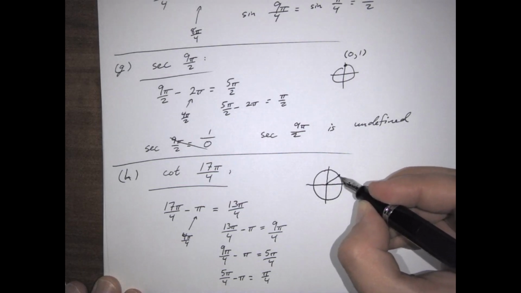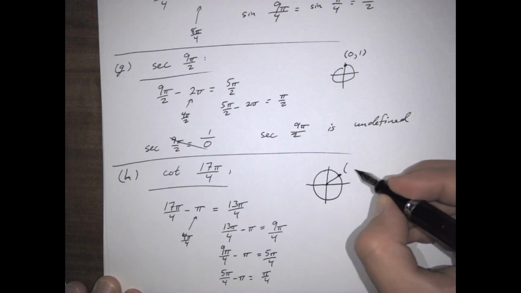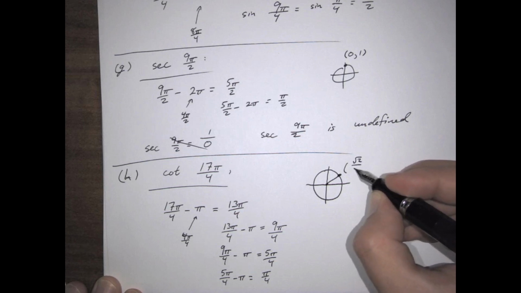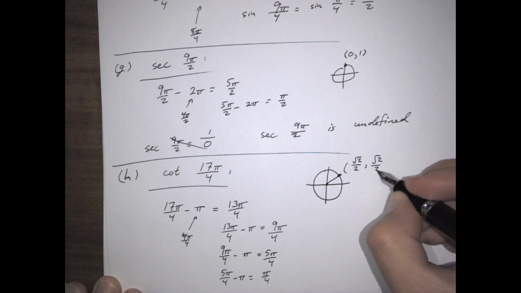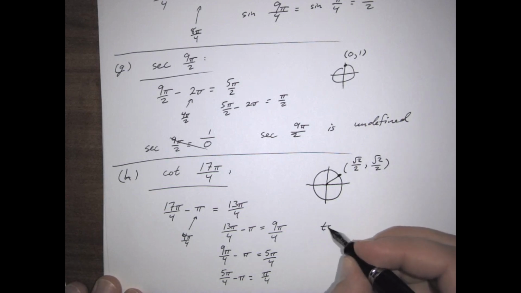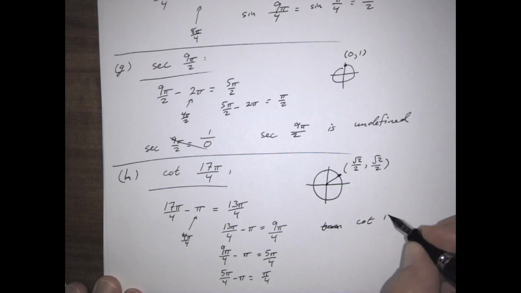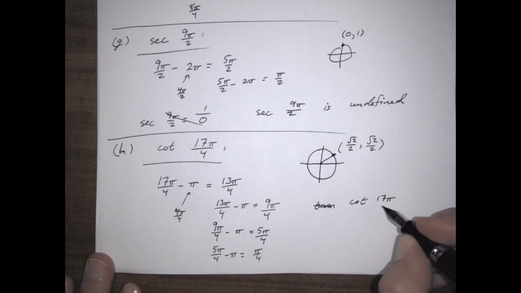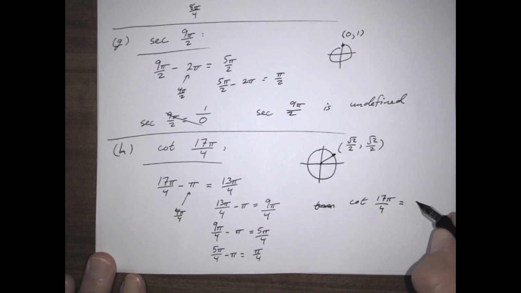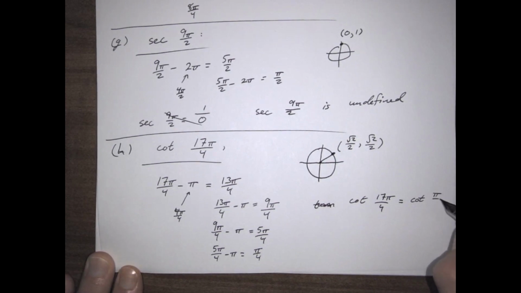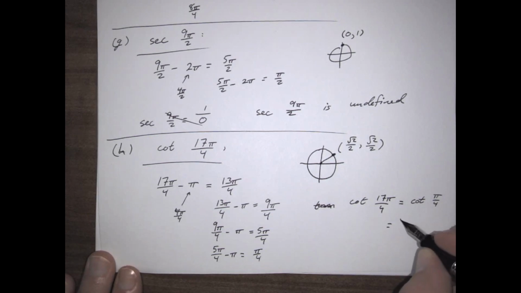So where's that one? That's right here, which is going to be at root 2 over 2, root 2 over 2. And so the cotangent of 17 pi over 4 is equal to the cotangent of just pi over 4, which is equal to root 2 over 2 over root 2 over 2, which is just equal to 1.